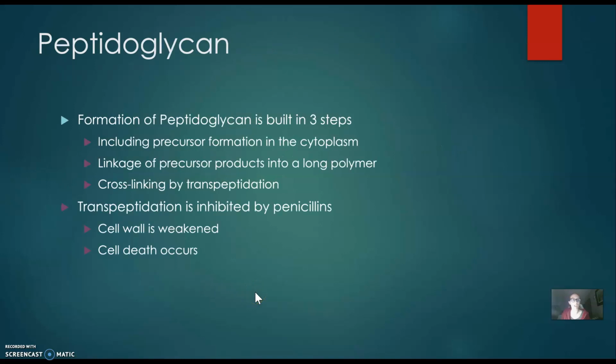The formation of peptidoglycan is built in 3 steps, including precursor formation in the cytoplasm, linkage of precursor products into a long polymer, and cross-linking by transpeptidation. The transpeptidation is inhibited by penicillins. This occurs when the cell wall is weakened and then cell death occurs.